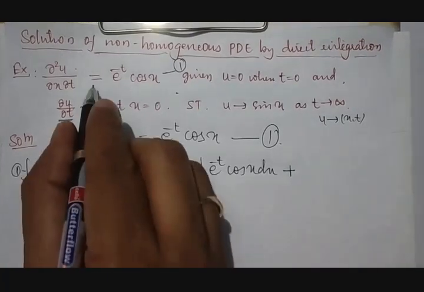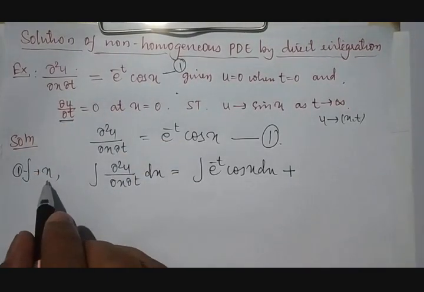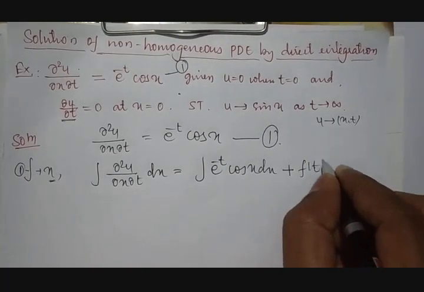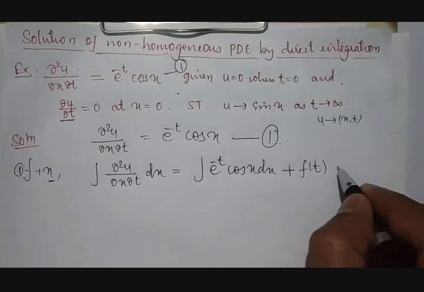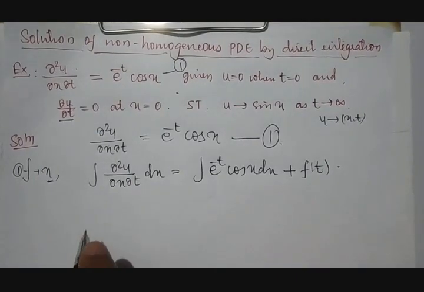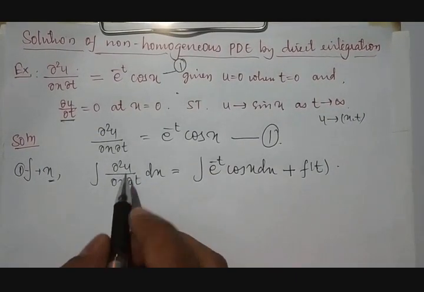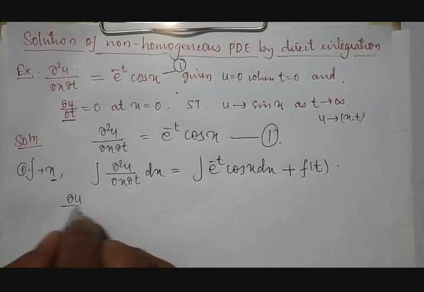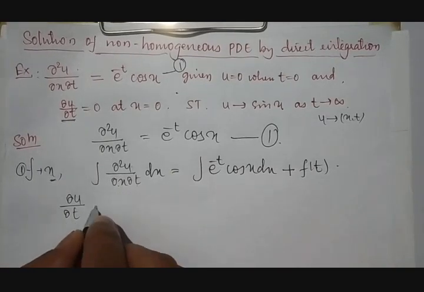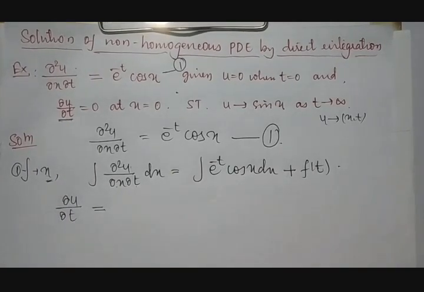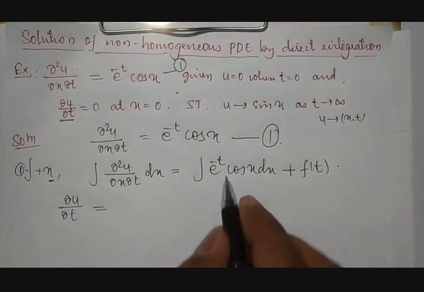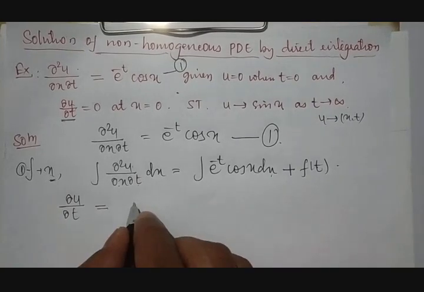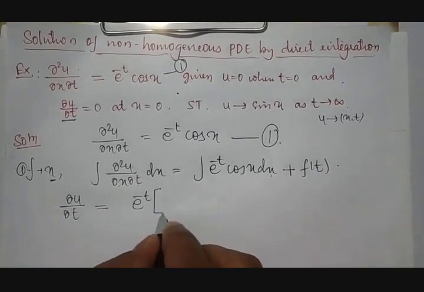Since it is a partial differential equation and we are integrating it with respect to x, the other variable is t, so f(t) will be a constant. Therefore, integration of ∂²u/∂x∂t with respect to x leaves us with ∂u/∂t on the LHS. ∂u/∂t is equal to, and here we are going to integrate with respect to x, so I keep e^(-t) as a constant term.